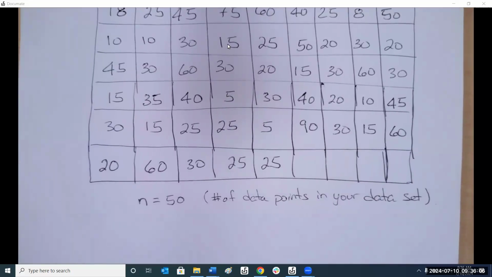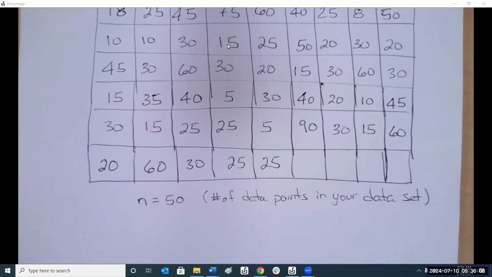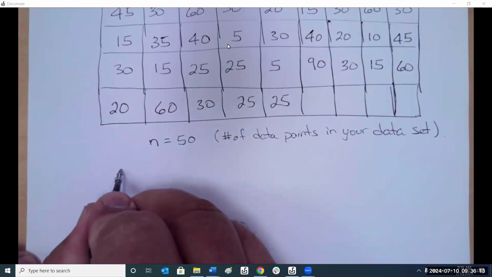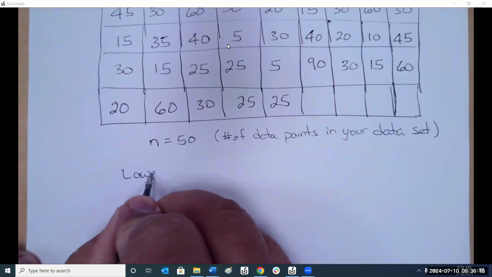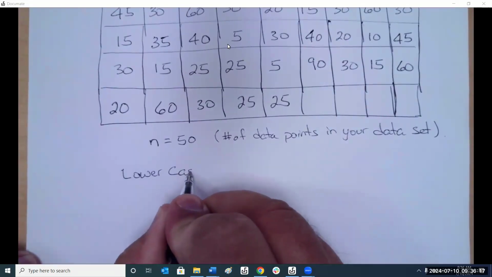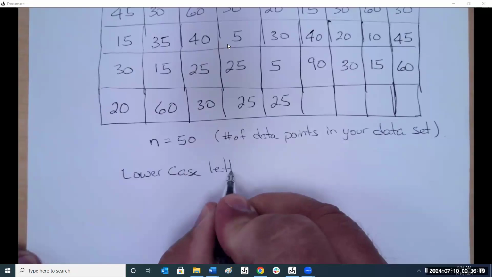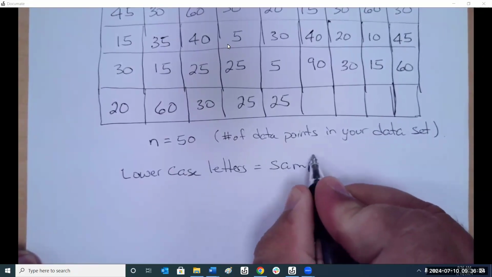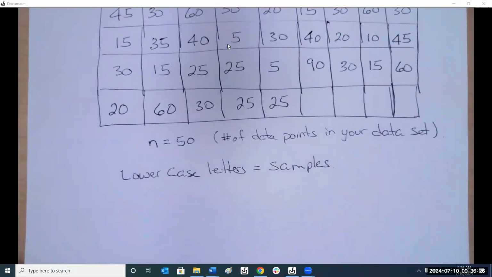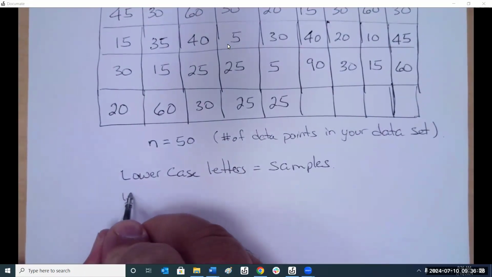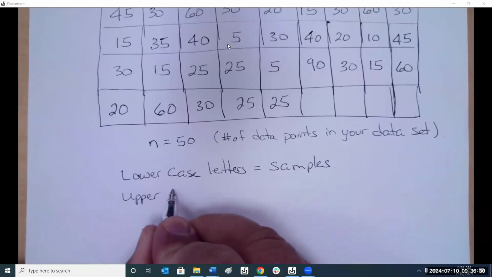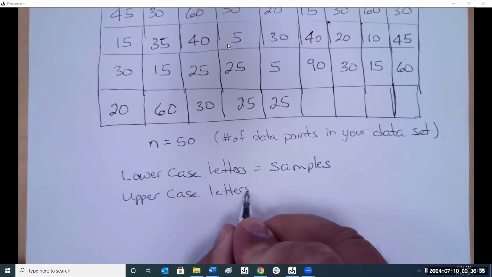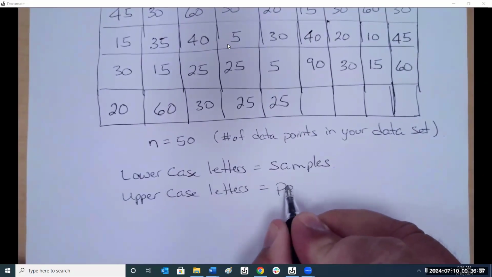Here's an important notation. Whenever you read these things, lowercase letters represent samples. Uppercase letters represent populations.